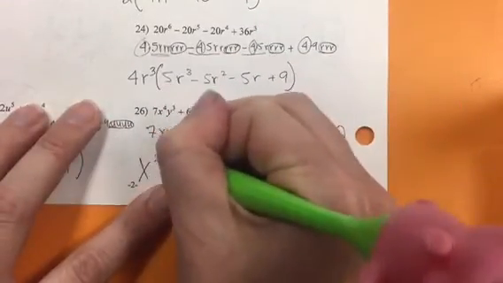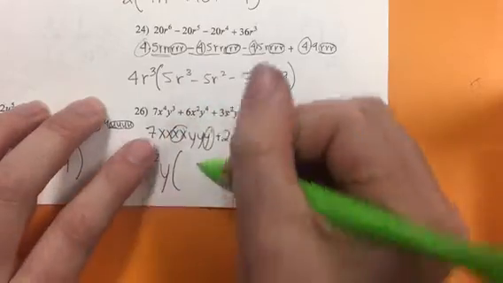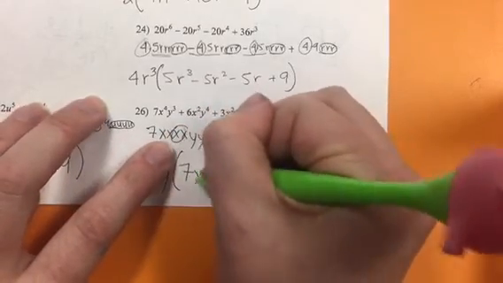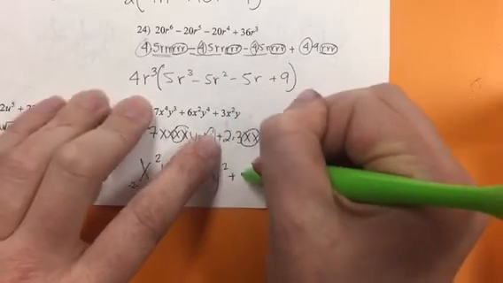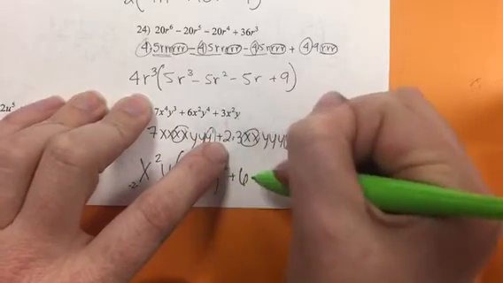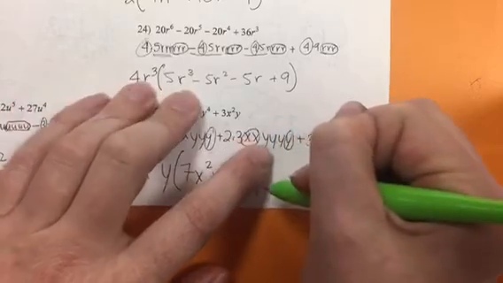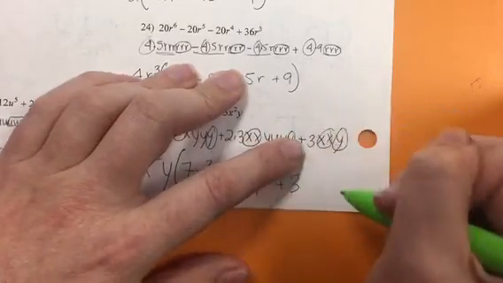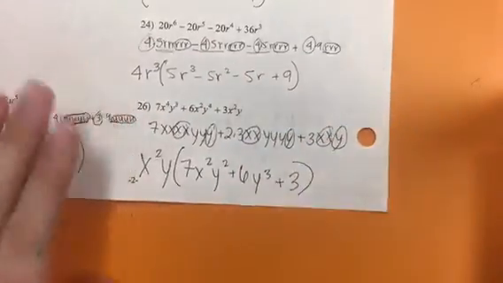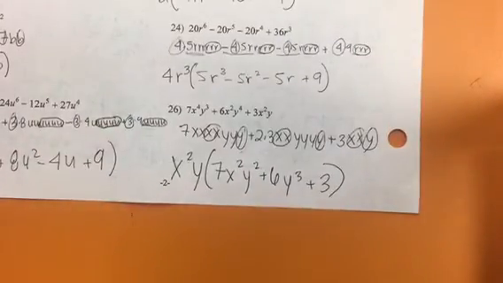So I have 2 x's and a y taken out. 7x squared y squared plus 2 times 3 is 6 y cubed plus 3. Done. And that's how you factor out the GCF.